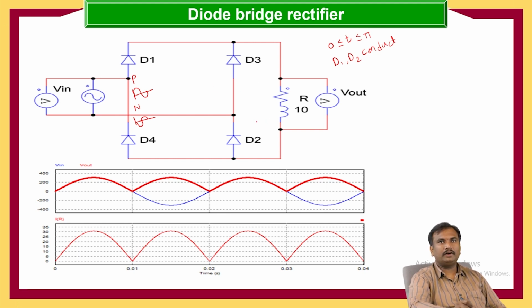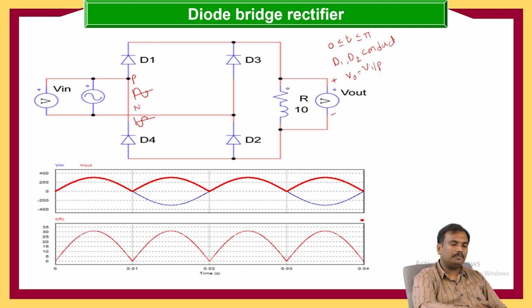When D1, D2 conduct, the supply flows through phase, D1, load, D2 and neutral. Here the output voltage, this terminal we take as positive, this terminal we take as negative. The positive of the output voltage is connected to the phase of the input voltage, so the output voltage will be equal to the input voltage.